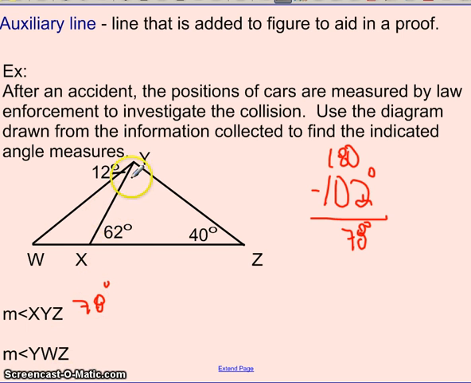Alright, then we're supposed to find angle YWZ, so this angle right down here. Well, we're given 62. Now this would be a linear pair right here, so they have to add up to equal 180.